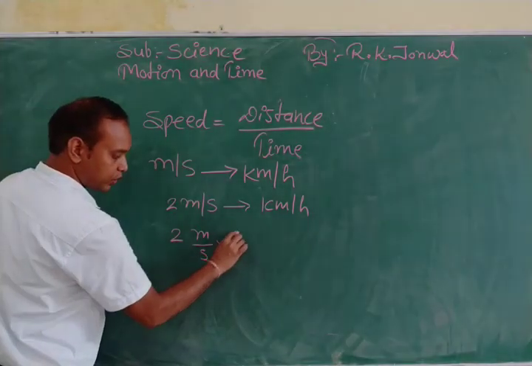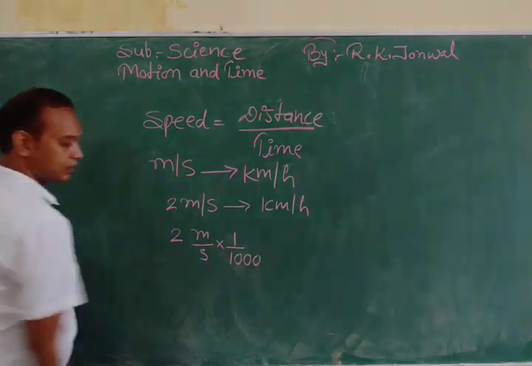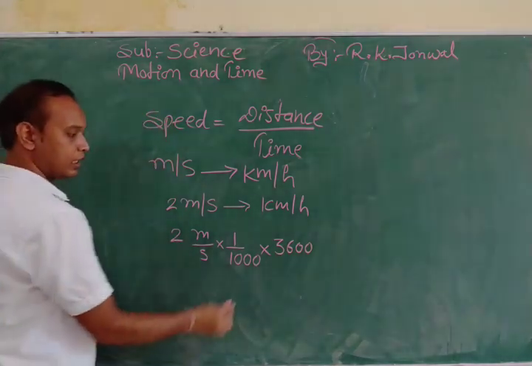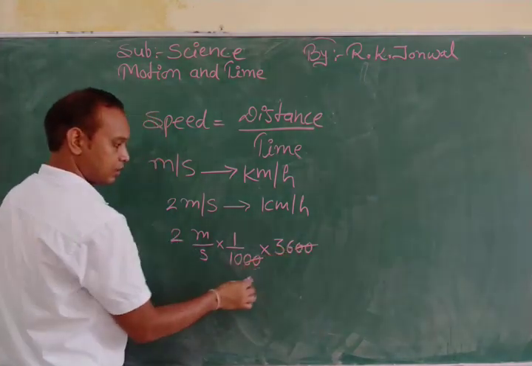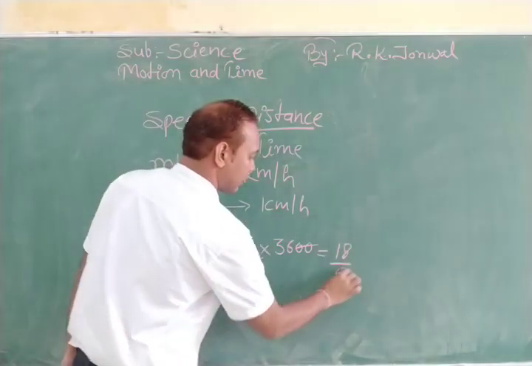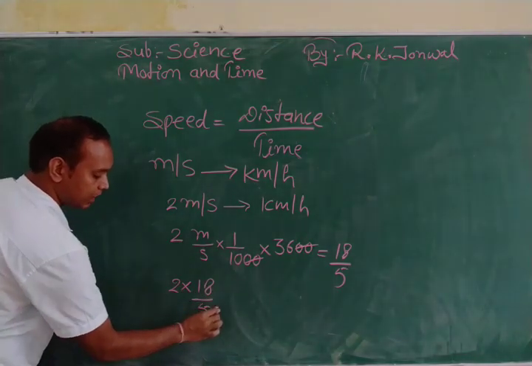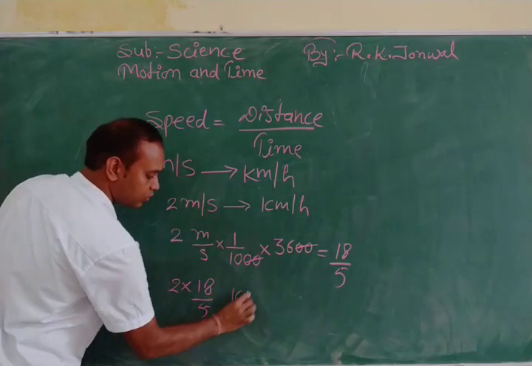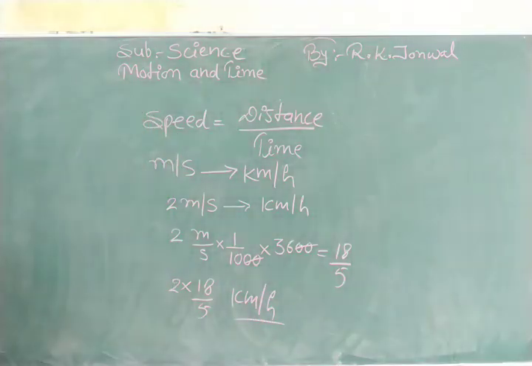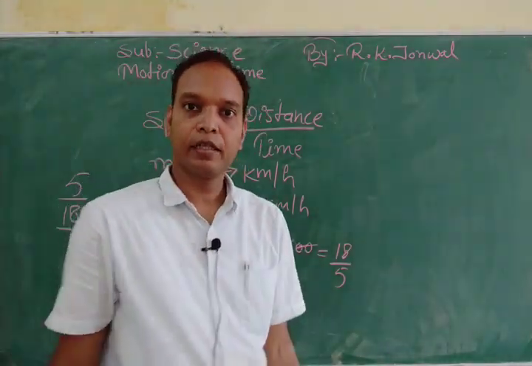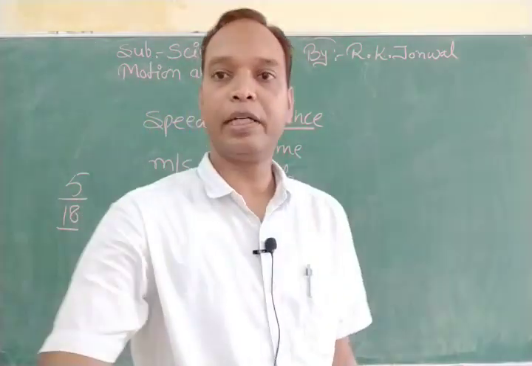So we should divide by 1000 and multiply by 3600. So here the same unit factor is 18 divided by 5. We can directly multiply this value with 18 divided by 5, and it converts into kilometer per hour. So with the help of this 18 upon 5 or 5 upon 18, we can change kilometer per hour into meter per second and meter per second into kilometer per hour.